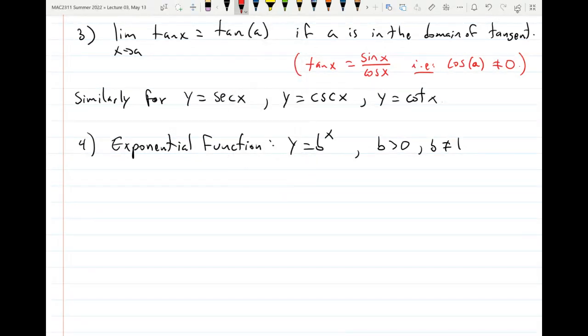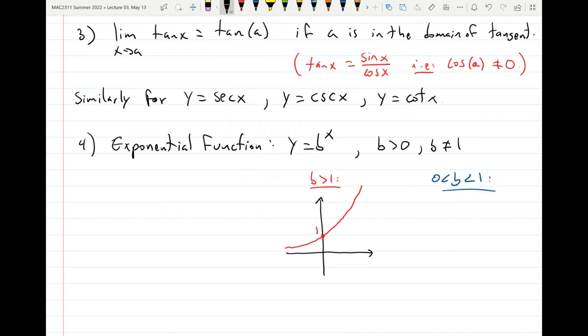So if b is bigger than 1, then the exponential function looks like an increasing function. It has this shape, and when you plug in 0, you always get 1. And when the base is between 0 and 1, then it's a decreasing function.